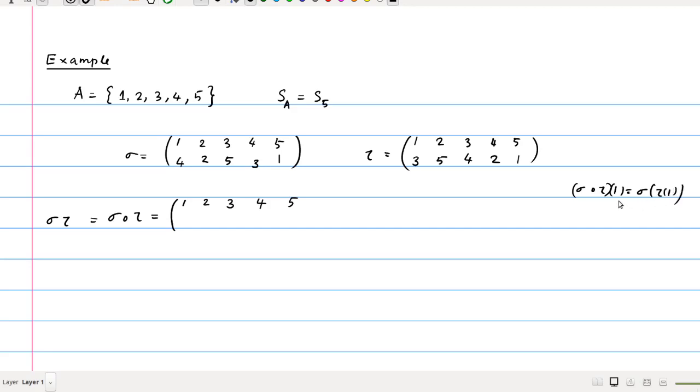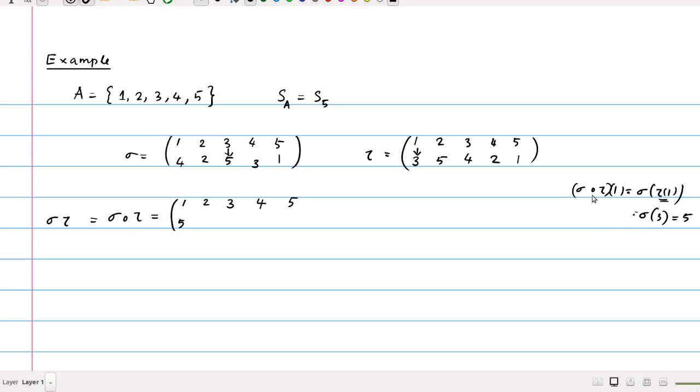To get the image of 1 under this composition, we first evaluate the image of 1 under tau, which is 3. Then we evaluate the image of 3 under sigma. 1 goes to 3, 3 goes to 5. So ultimately the image of 1 will be 5 under this composition. So we write 5 here.